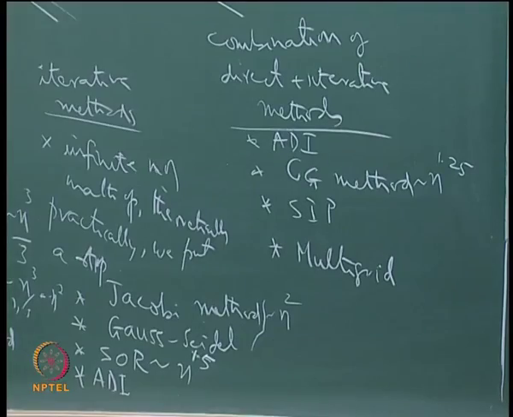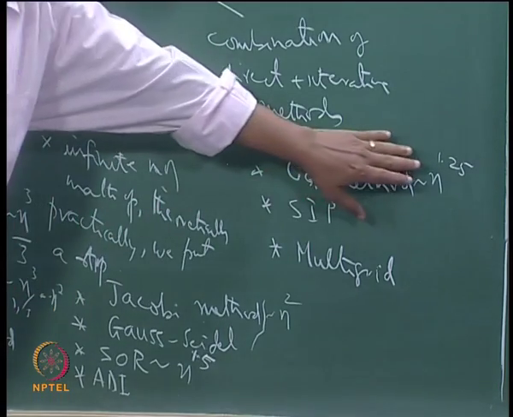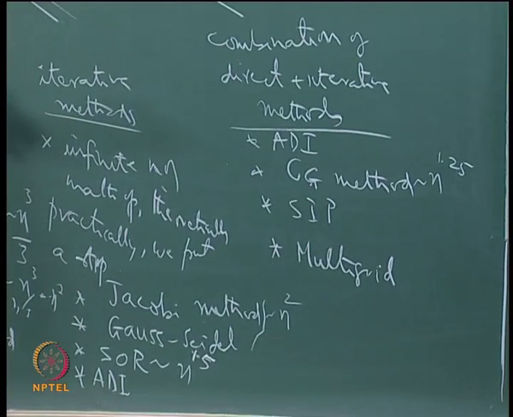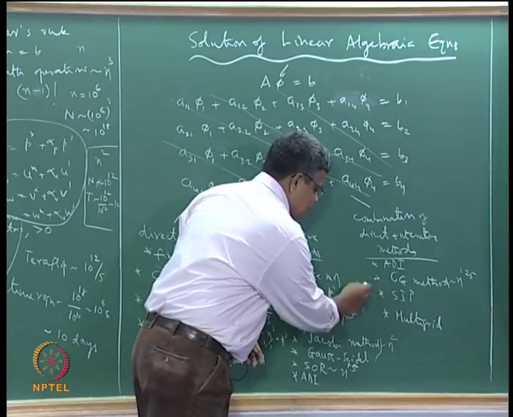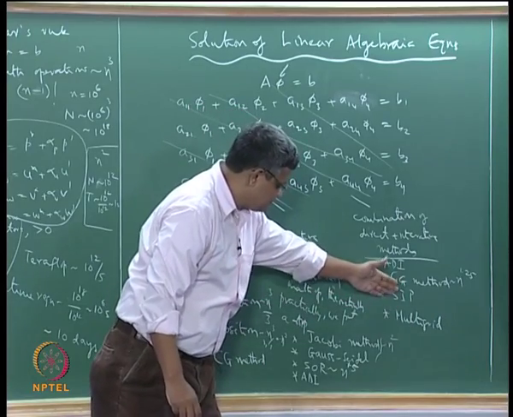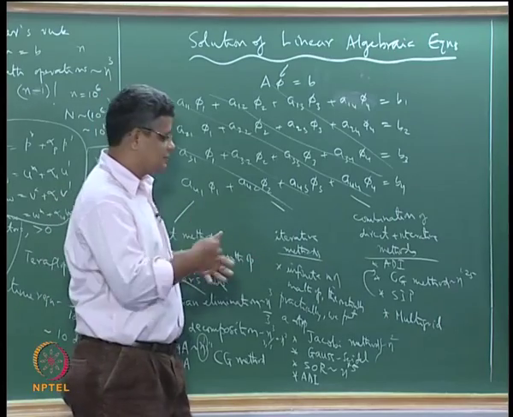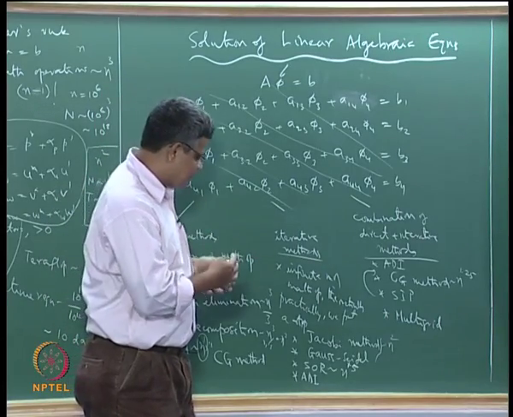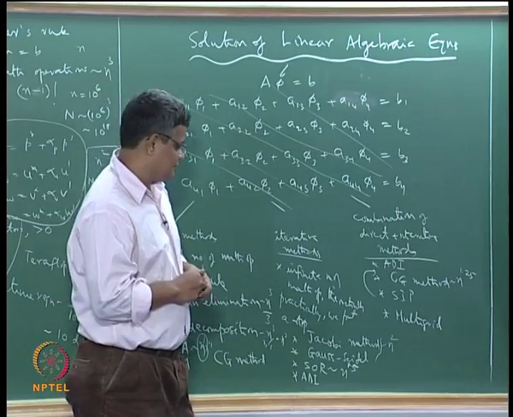So we are getting down closer, and that's very good, especially the rate of convergence under optimal conditions. SIP is probably more like ADI. This will be somewhere between n square and n to the 1.5, although it is very difficult to pinpoint exactly, but it is better than the Gauss-Seidel method.